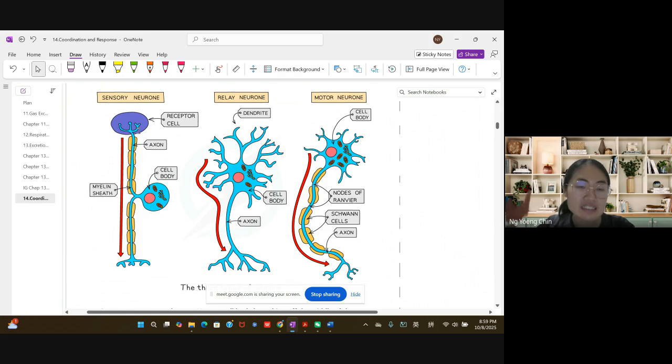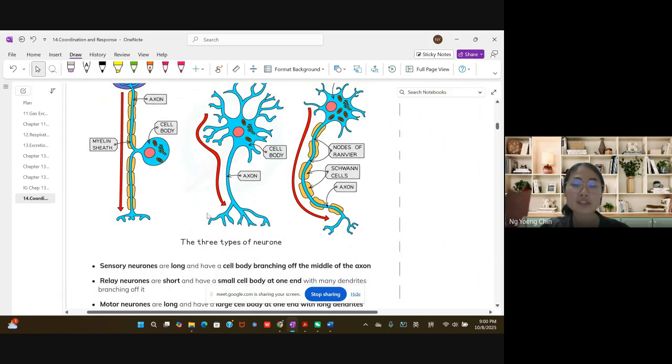For the sensory neuron, the cell body is located at the middle. For the relay neuron, you can see the cell body is very, very large, and they have very, very short axons. So they have a very large cell body but short axons.